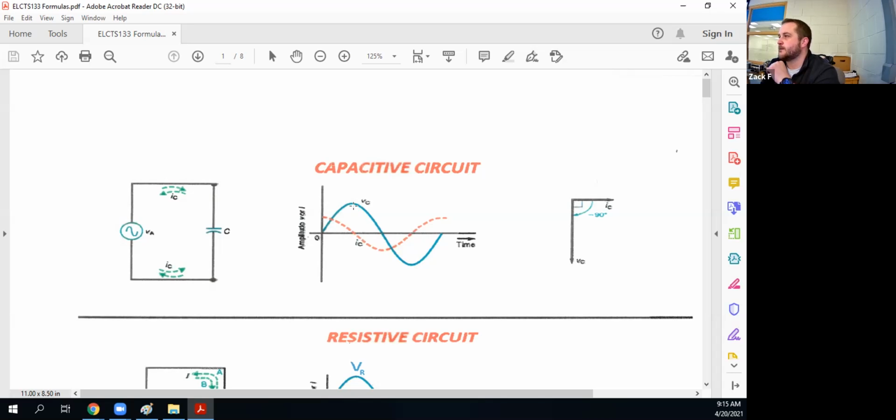That has to do with capacitive reactance. And then with the phasors over here, if capacitive current is 0 and we're going 360 degrees in a clockwise direction, voltage is negative 90 degrees in relation to that.